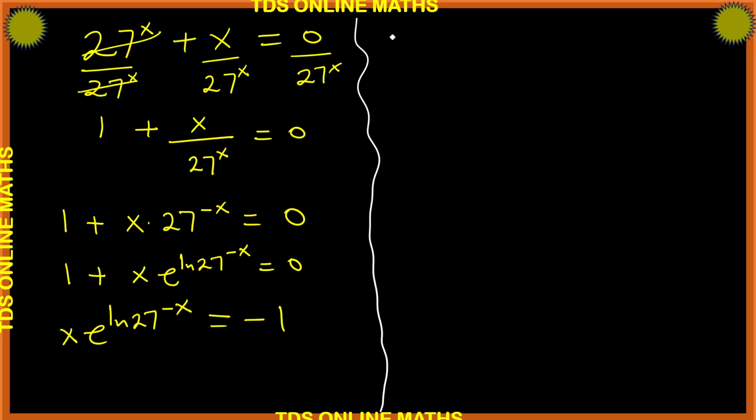So we have x e raised to ln of 27. Let's bring the minus x here, that will be -1. So we have minus x ln of 27.